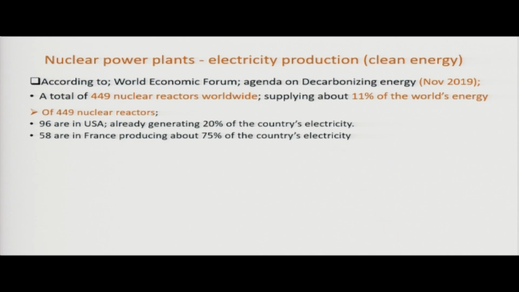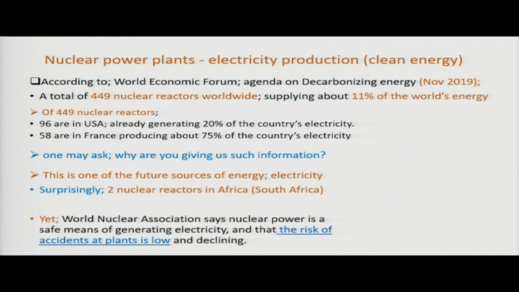So now, someone may ask, why are we even having all this data? What is it for? I want to show you that nuclear power electricity is now the future source of energy. But what is very unwelcoming, in Africa, we only have 2 nuclear reactors, which are found in South Africa.